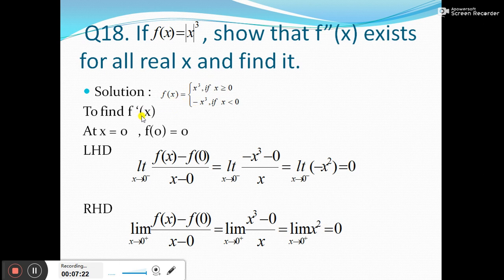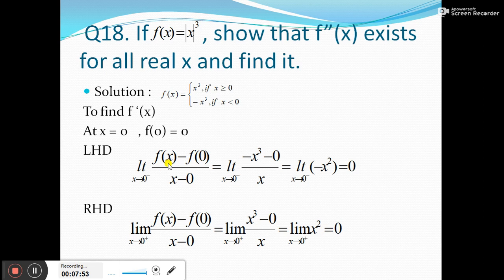And now to find f dash x. Double derivative, that means we have to differentiate this function with respect to x 2 times. Because there is a breaking point at 0, we have to check the left hand derivative and right hand derivative. For the left hand derivative, we have limit x tends to 0 negative, f(x) minus f(0) upon x minus 0.